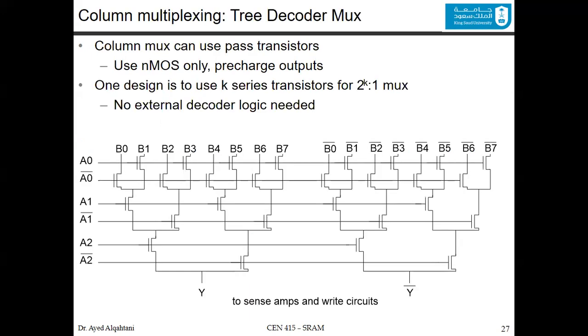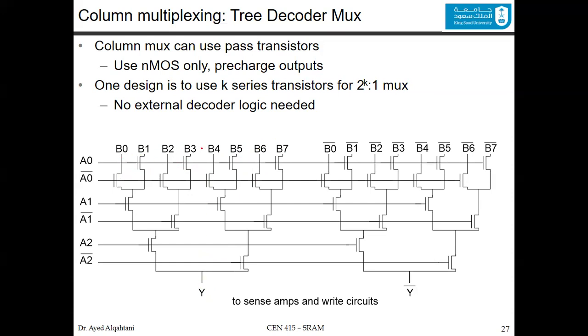For the column multiplexing, we could do it using many methods. One of them is the tree decoder mux, where, as you can see here, since you are choosing between 8 lines from B0 to B7 and you want to choose one of them, you could do a tree hierarchy, where you go down from 8 lines to only 1.